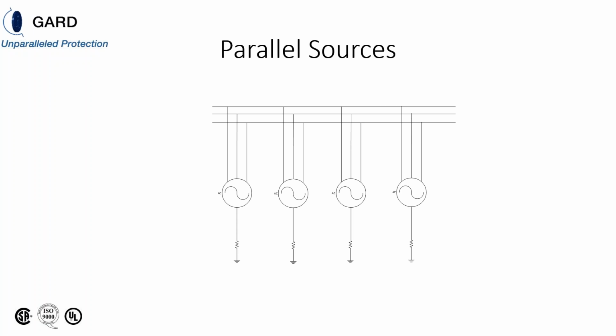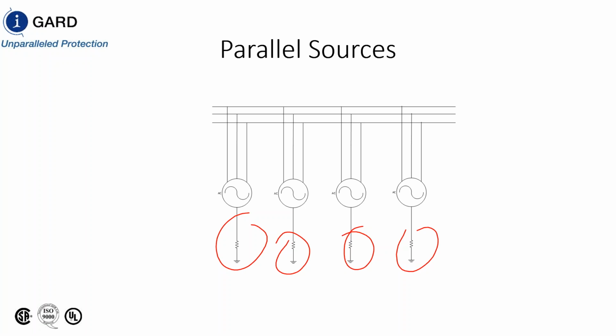So we discussed briefly, when we had parallel sources, you can see here that if you had a 5 on each one of these generators, your maximum fault current, if all 4 generators are running, is 20 amps, and you have to trip. You can't keep that system running.